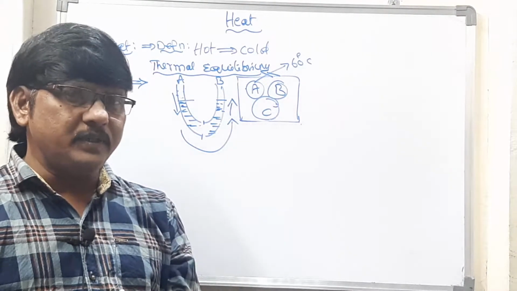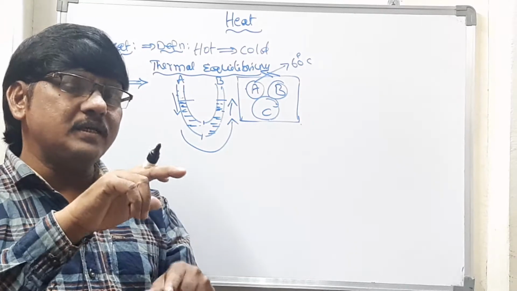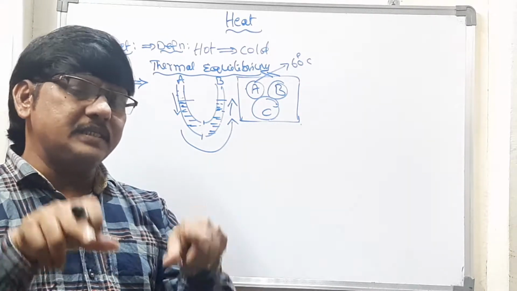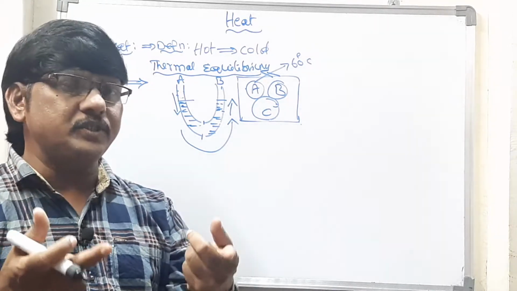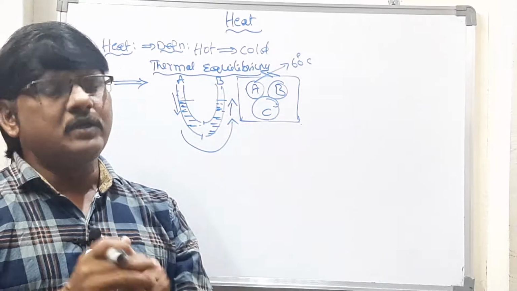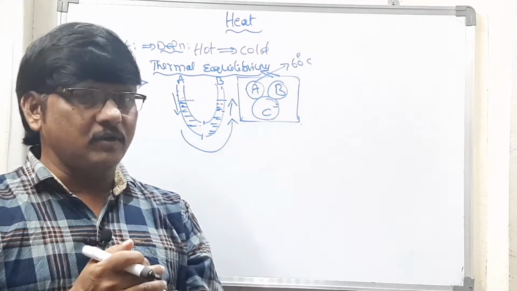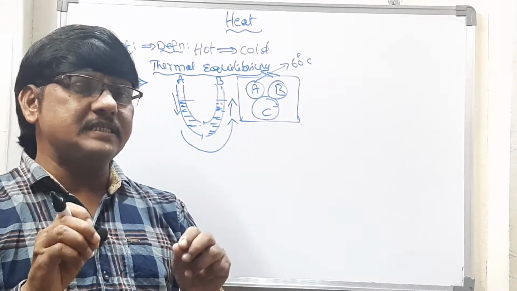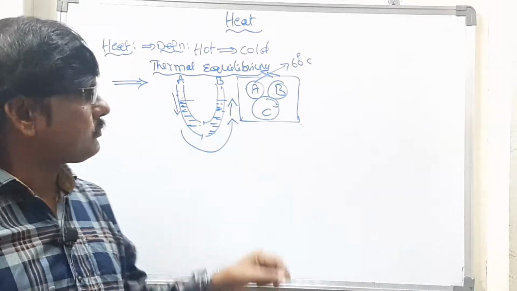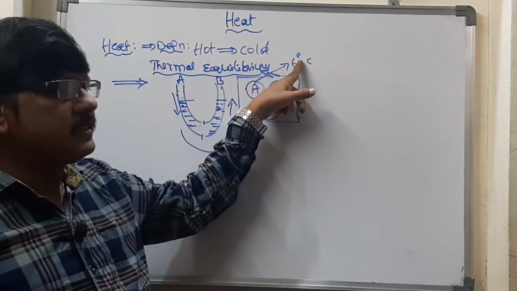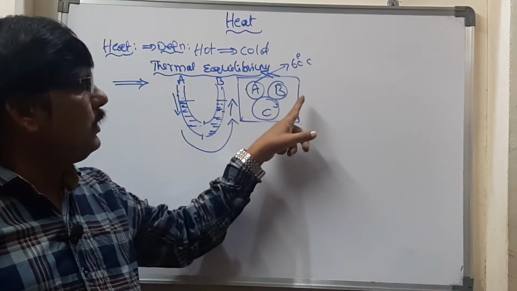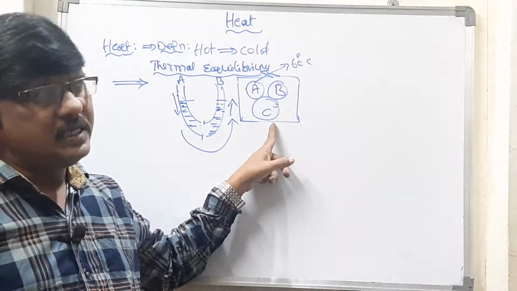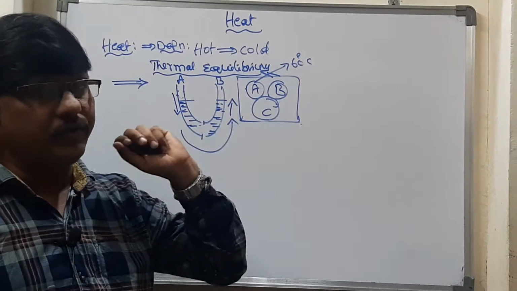So once all the components of the system reach one particular temperature, we can say that is thermal equilibrium. So if A is 6 degrees Celsius and the system is in thermal equilibrium, B will have 6 degrees, and C will also have 6 degrees. That is the first point of thermal equilibrium.